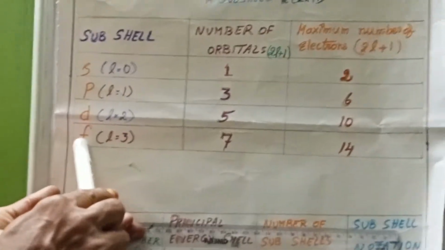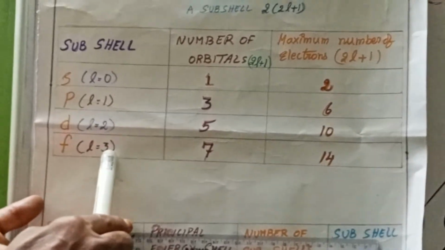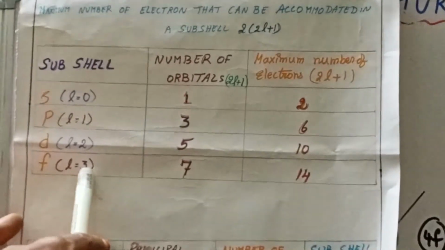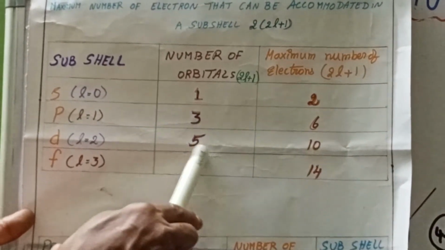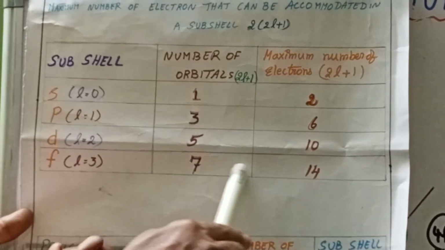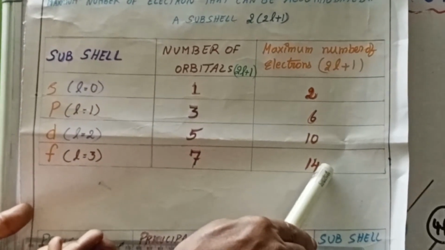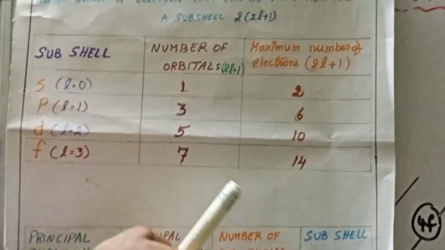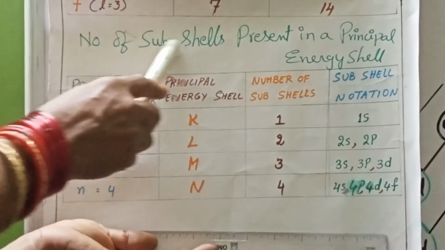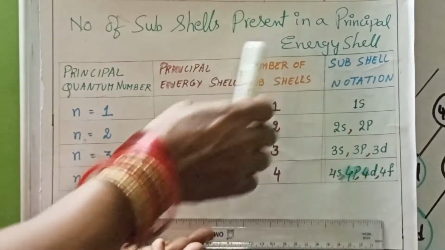And the f orbital, where the azimuthal quantum number l value is 3, has 7 degenerate orbitals and they can accommodate 14 electrons. 7 2s are 14.